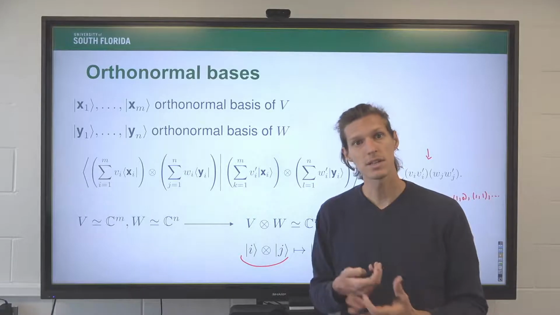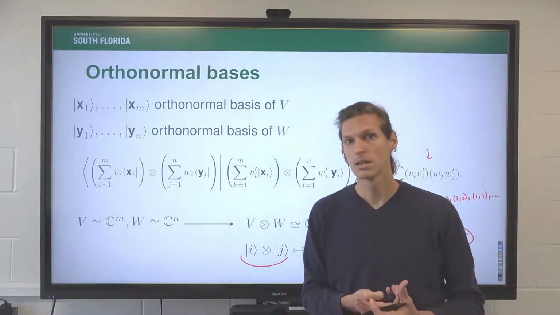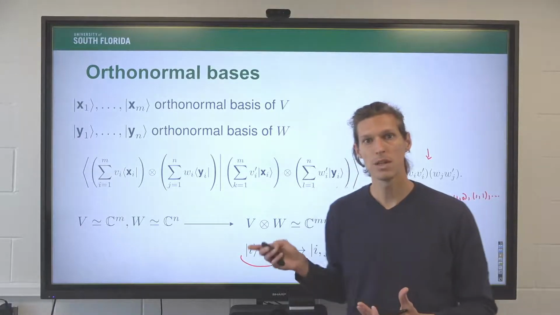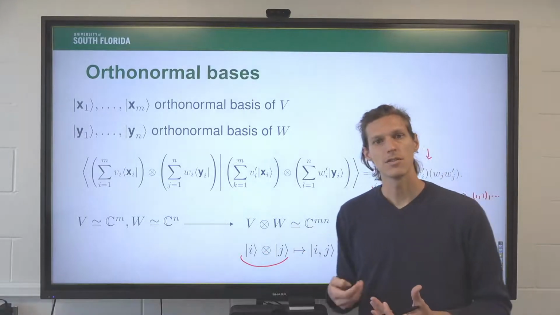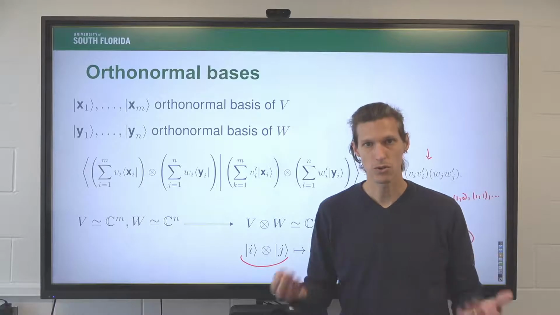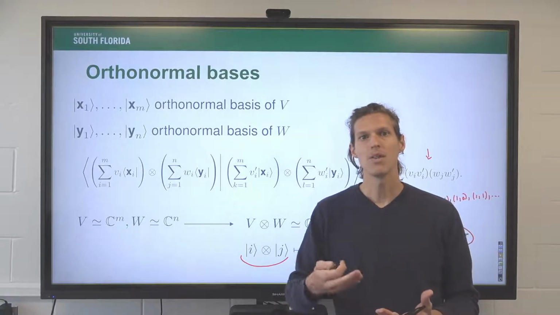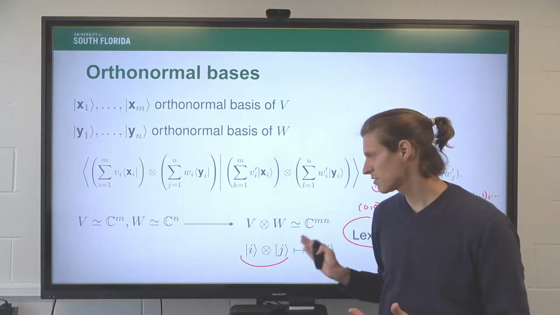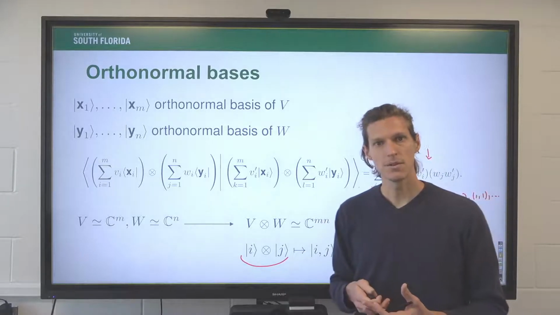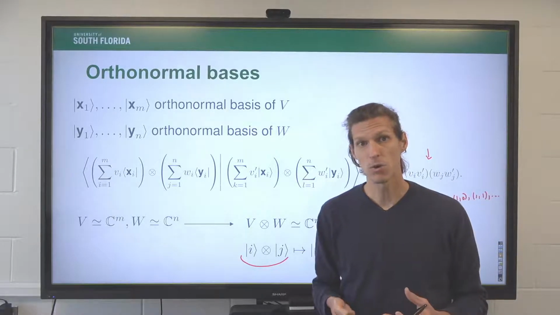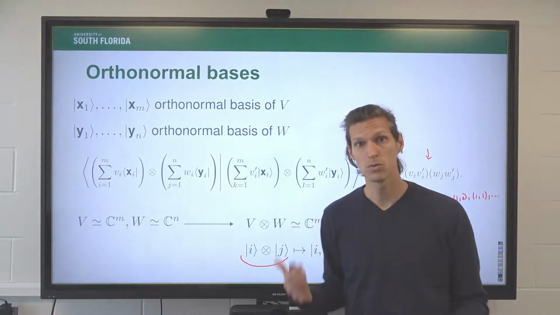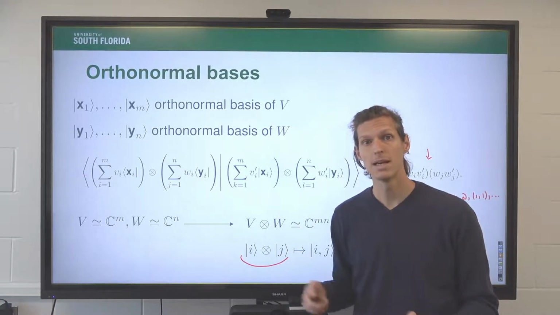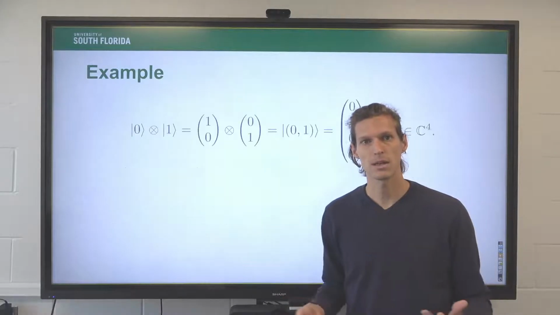But now we want to fix this choice of a basis because we want to manipulate those tensors as elements of C to the nm. So we have to agree how they were mapped to specific vectors in C to the nm. So now that we have that, we'll be able to derive precise formulae that we can use to compute on C to the nm exactly, and not just abstractly.